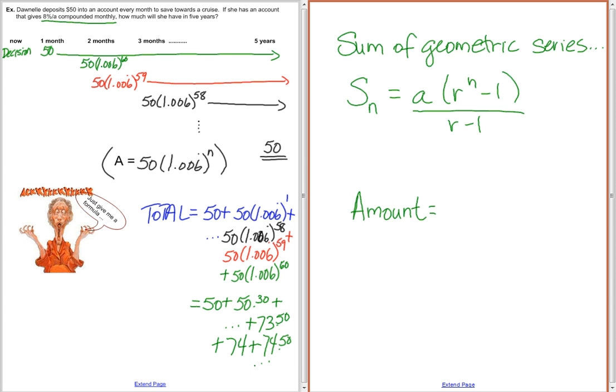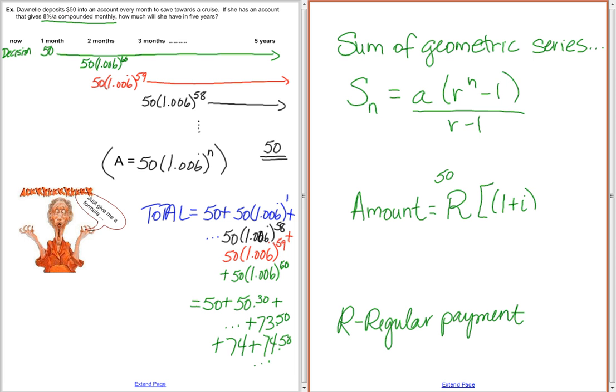So in this particular case, it's our $50. We're going to call it R for regular payment. Your rate of growth is 1 plus i. And we know that the i has to be adjusted depending on how it's compounded. To the power of n, that's the same.